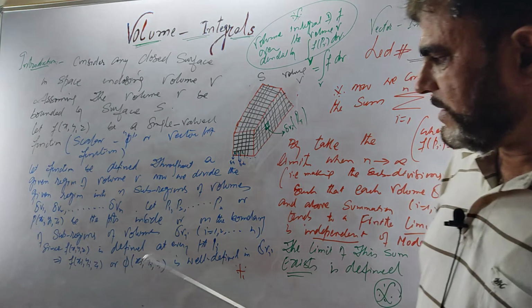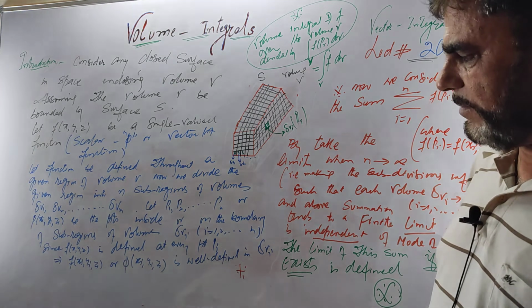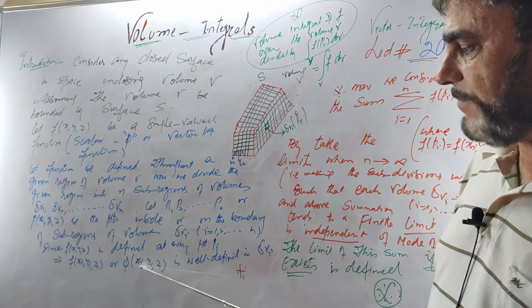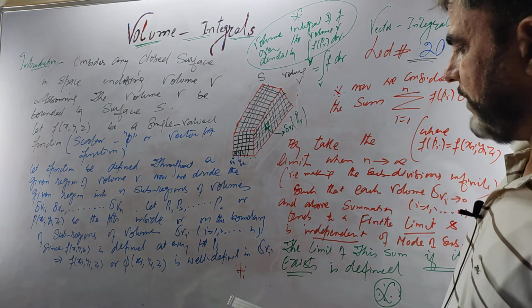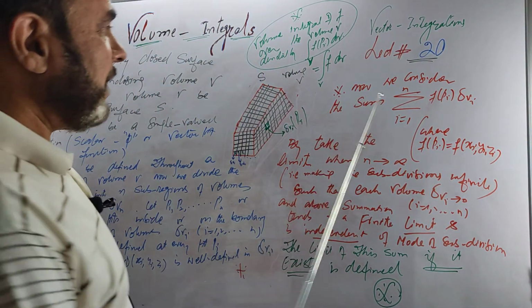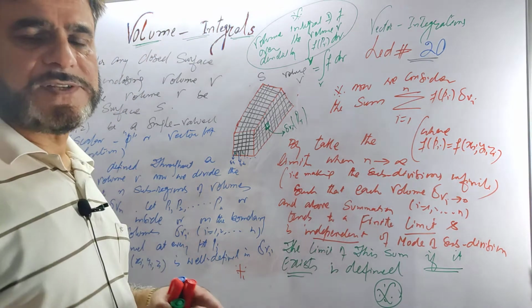Since f of x, y is defined at every point of Pi, it is defined at every point in this volume. So f of xi, yi, zi is well defined in delta Vi. Now we consider the sum, just as we did in the case of the surface integral.